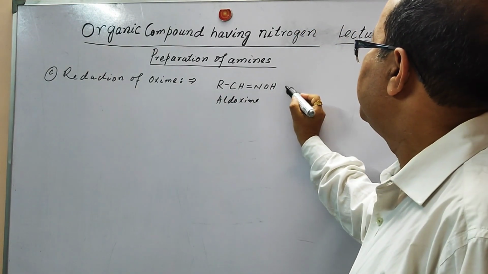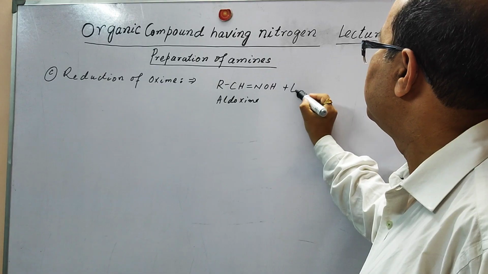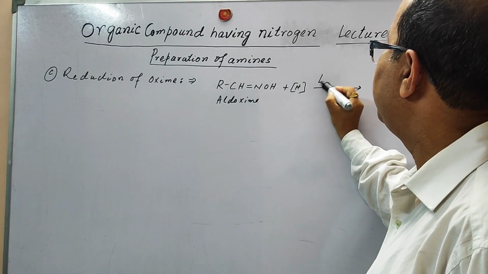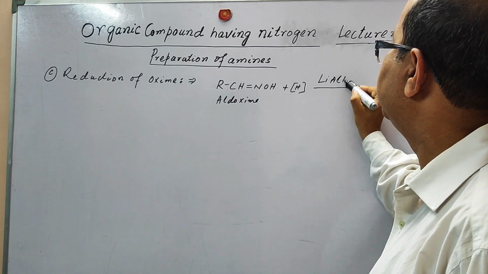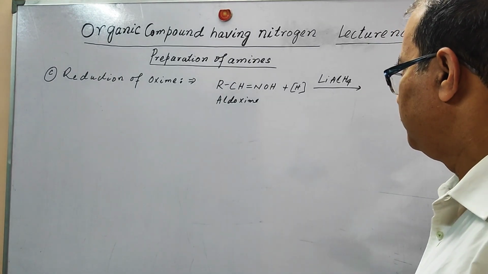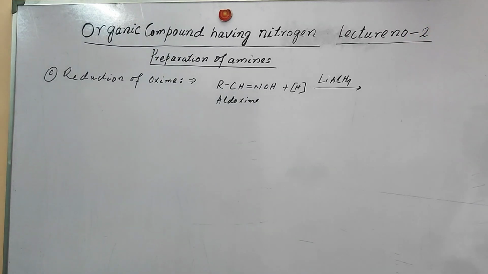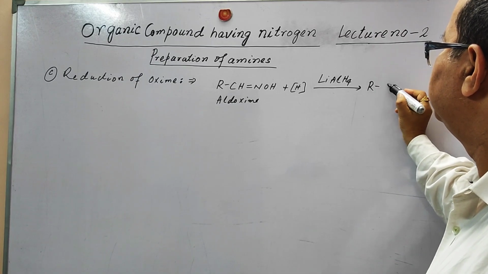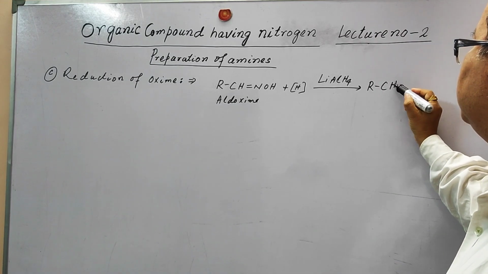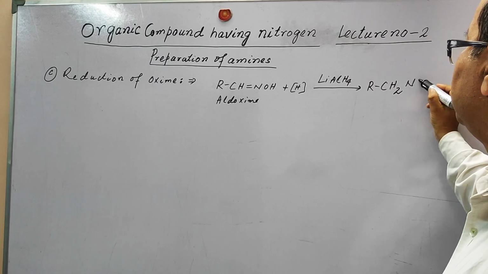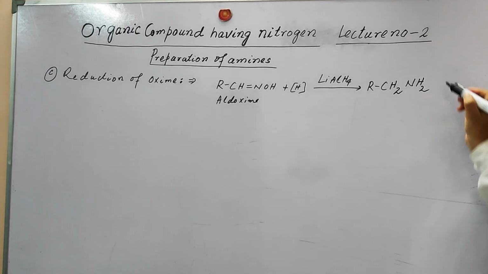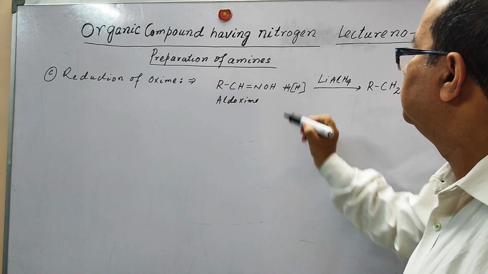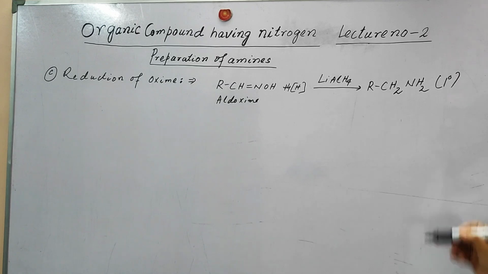When this aldoxime is reduced in the presence of lithium aluminum hydride, at that time we will get the 1 degree amine.